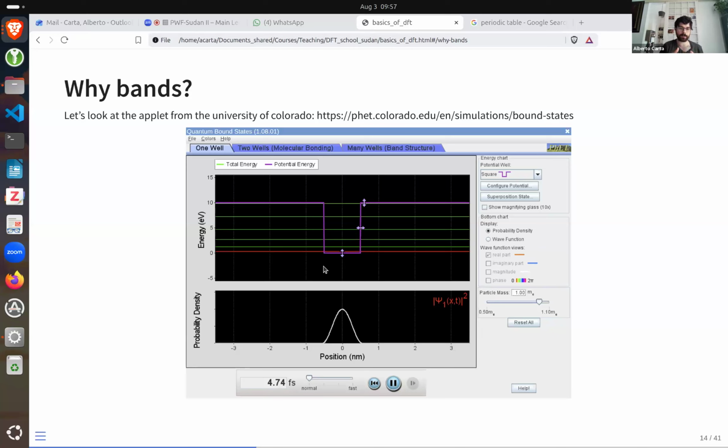Instead of having only one confined system, I have 2, 3, 4 wells all together. What do you think will happen?